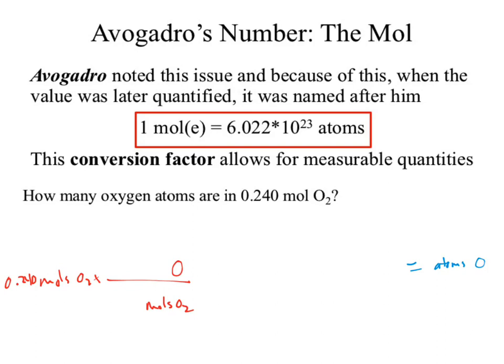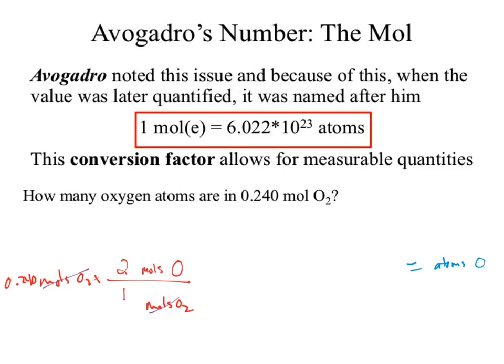I'm converting the substance and only the substance, which means I'm looking at moles of oxygen. I don't even need to know what a mole is. All I'm converting is the substance. How many oxygens are in O2? 2. I have no clue what a mole is. Completely irrelevant. But as long as the mole stays the same, all I have to worry about is the formula.